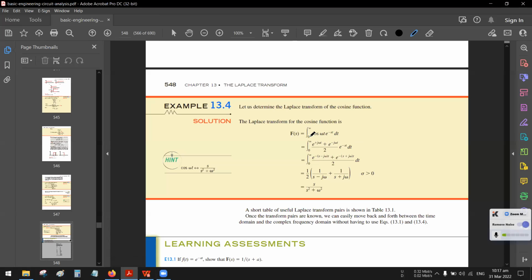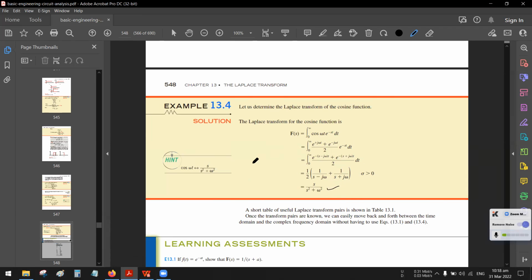So, with the use of definition of Laplace transform pa rin. Okay. Then, evaluate mo using the integral calculus. So, integration by parts. Then, apply the limits. Then, simplify your equation. So, you have now your equivalent value, that is s over s squared plus omega squared.